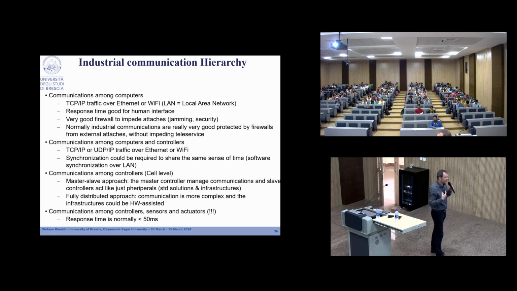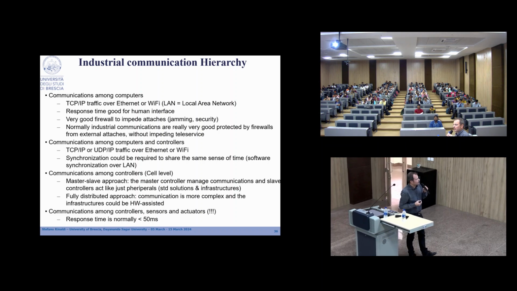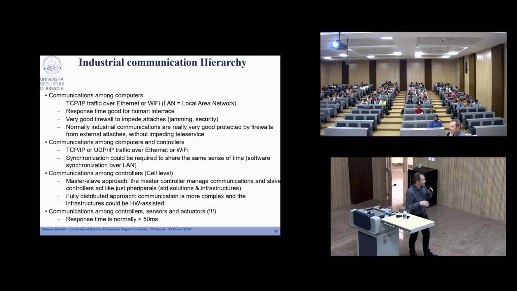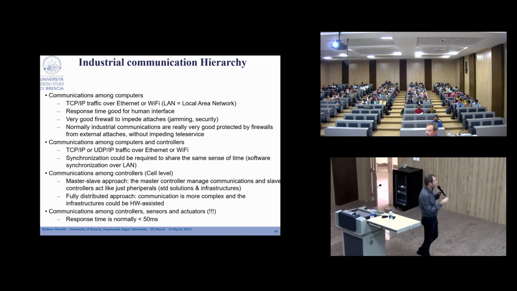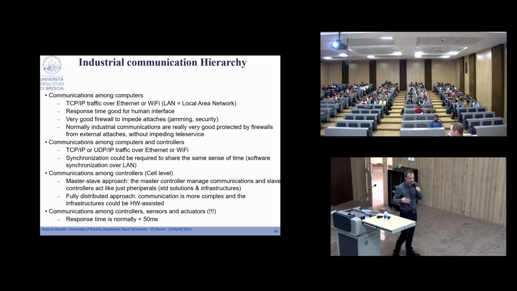In this case, we generally use an Ethernet-based communication network, or Wi-Fi is also possible. We generally use protocols based on TCP/IP, because it's a traditional communication between computers. And one of the hot topics for this kind of communication system is cybersecurity.